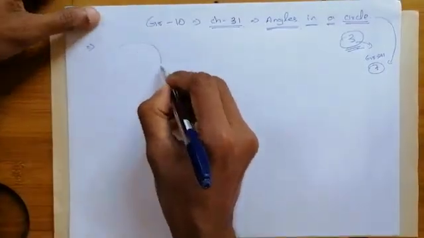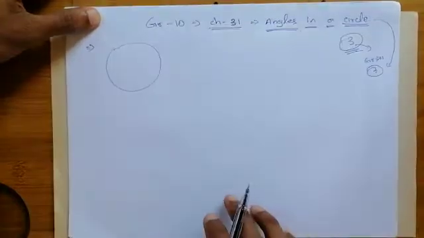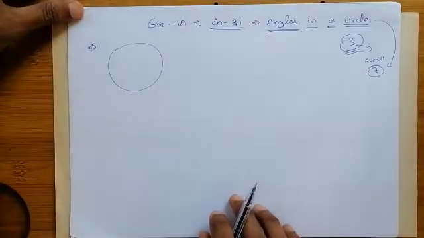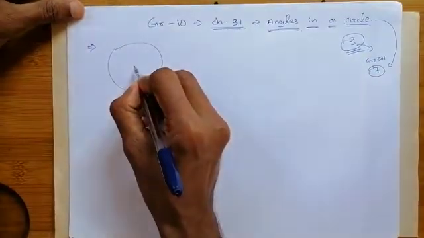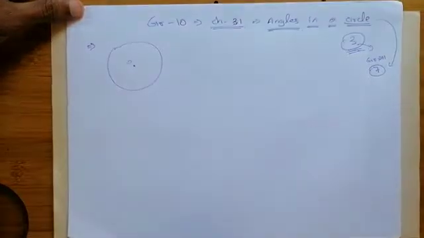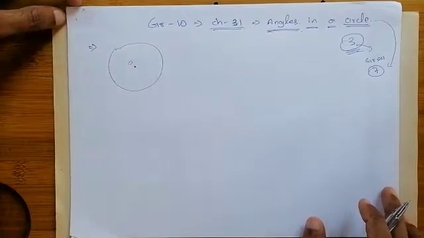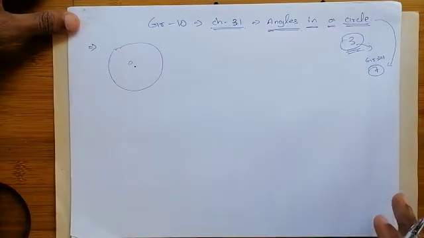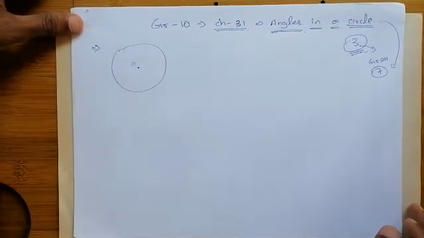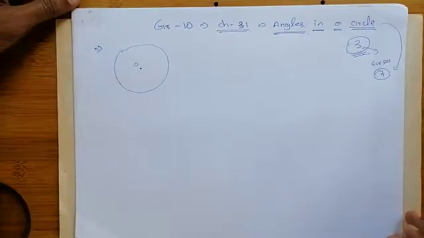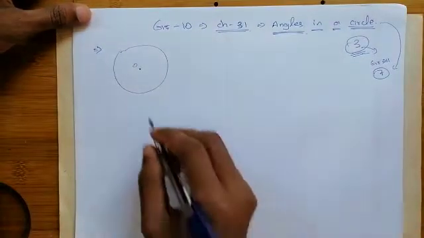So consider a circle. The center we always name as O. You know the geometrical parts of a circle from construction.